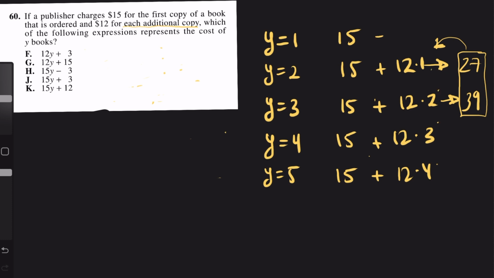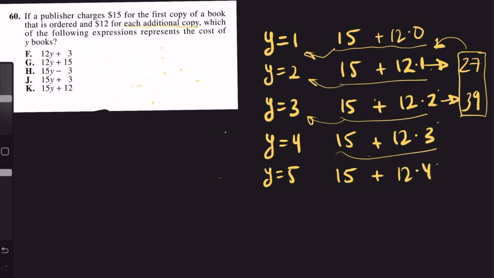And actually here, you could also have just written this. How are these numbers related to y? Is there any way these equations can be written in terms of y? Probably you already noticed. 15 is always there.